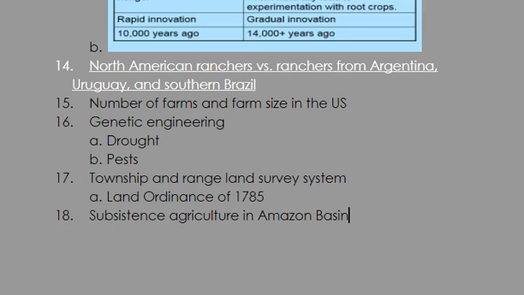Next, I reminded people of this in class and they looked at me blankly, so I'm going to bring it to your attention once again. The Township and Range Land Survey System is something that we talked about in our first unit. Remember how I talked about how 200 years ago the West wasn't very settled, and the United States government looked and said, oh, now we own most of the West, and they were pushing west to get more land.